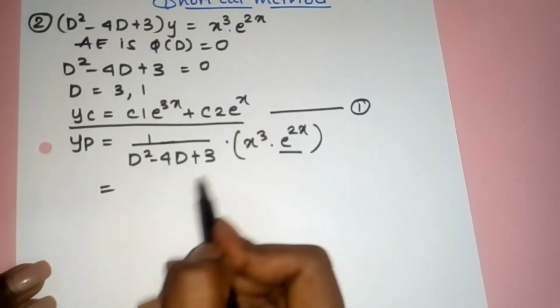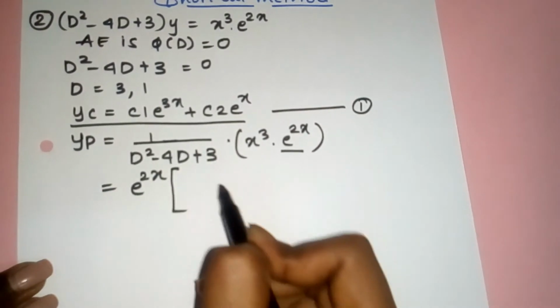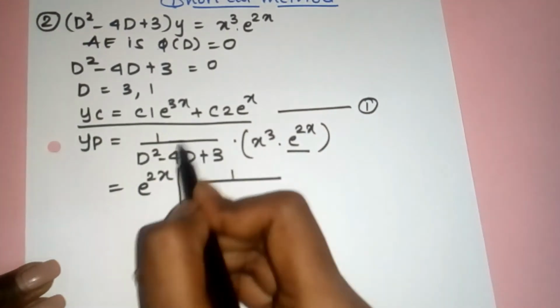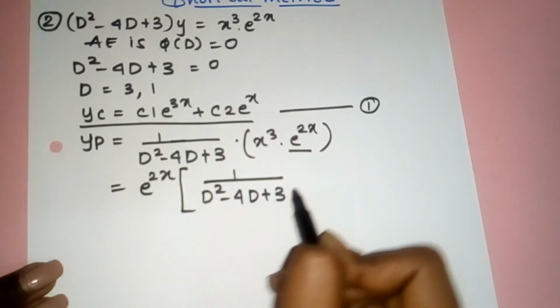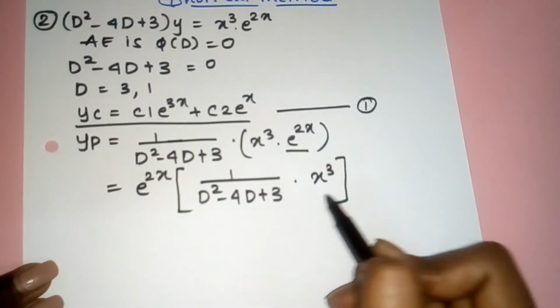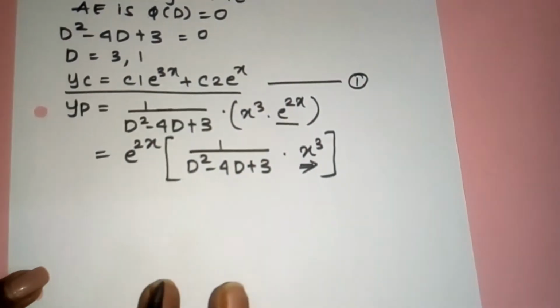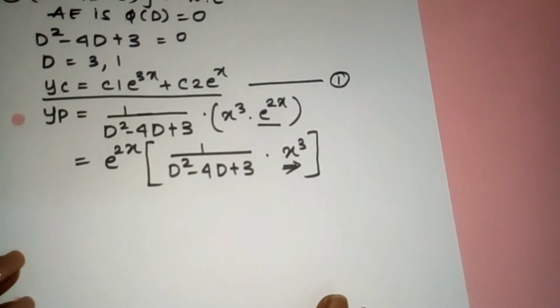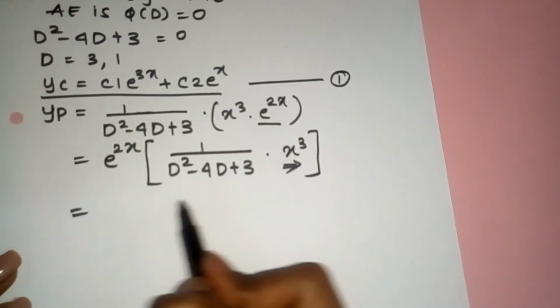First I write e raised to 2x, then we'll take a bracket, then D square minus 4D plus 3 into x cube. Now if you remember, this is case 7. Go back to our previous videos and you will get to know how to solve these sums. Now directly I'll solve and show you.